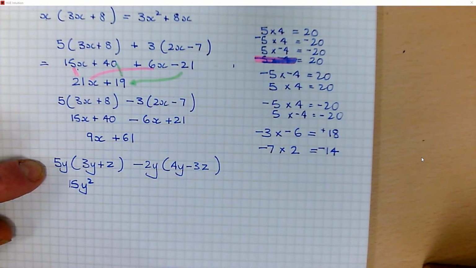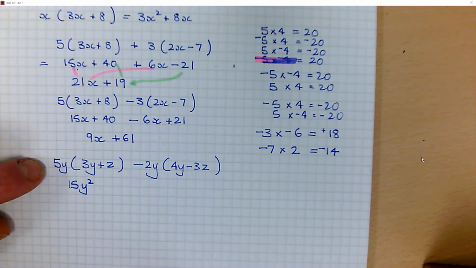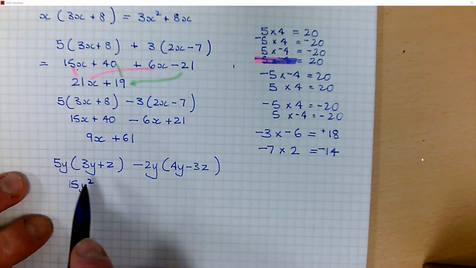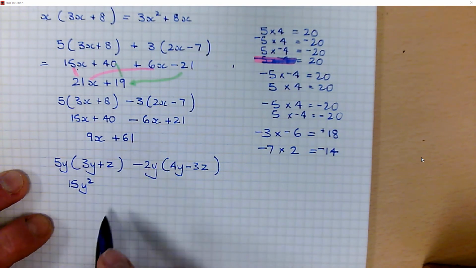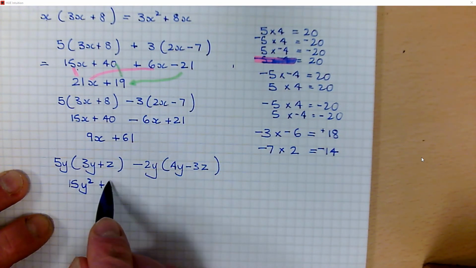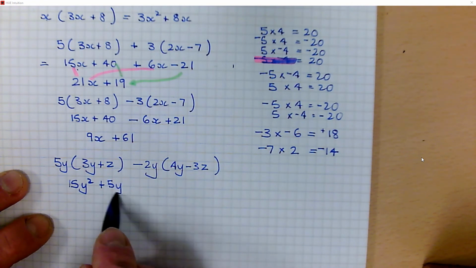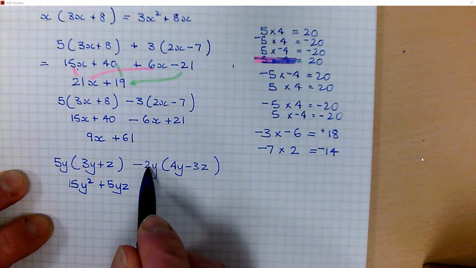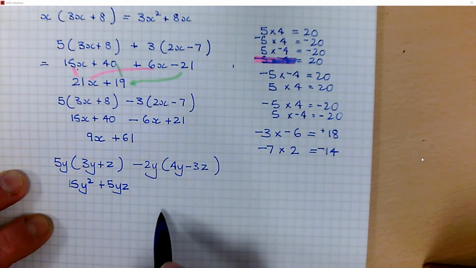Now you might want to, what I recommend you might have a go at doing, is pausing the video and trying this first of all. See how you get on. Okay. 5y times z. 5 times y times z, 5yz. Now, minus 2y times 4y.